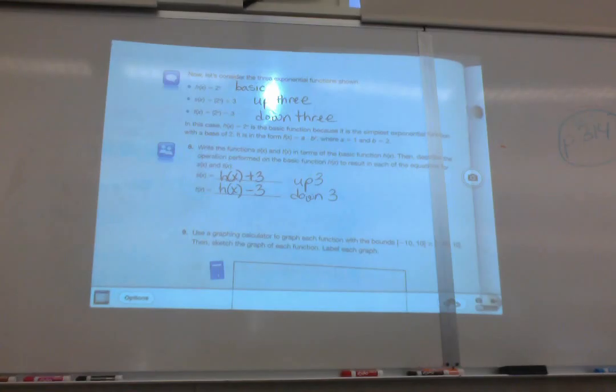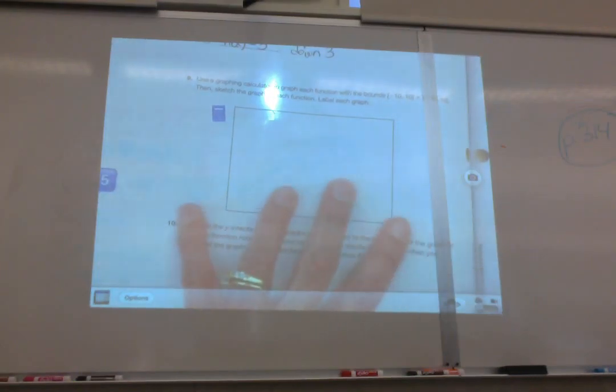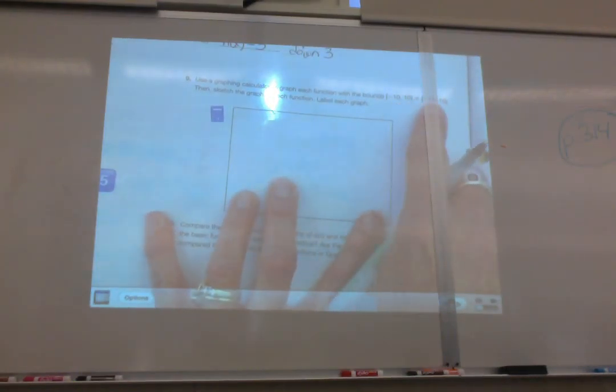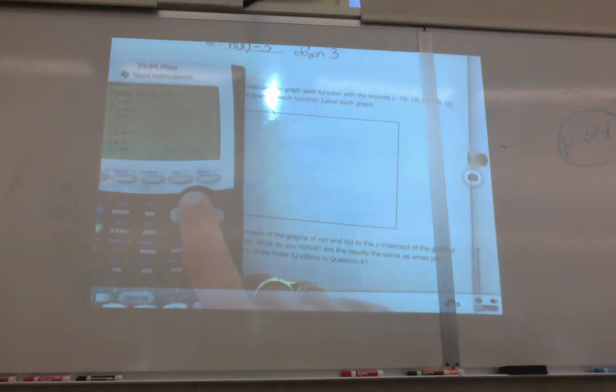Use a graphing calculator to graph them. Back to your y equals. We have the same domain and range, so we don't have to change the window. I'm just going to clear everything, and then go back up to y1, 2 raised to the x.